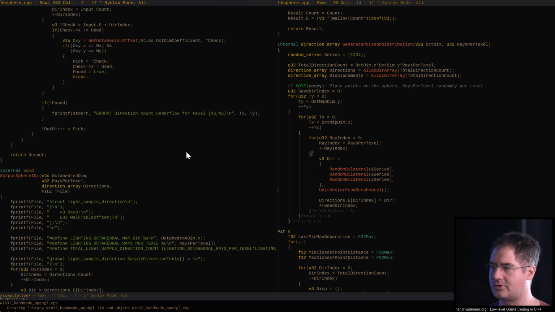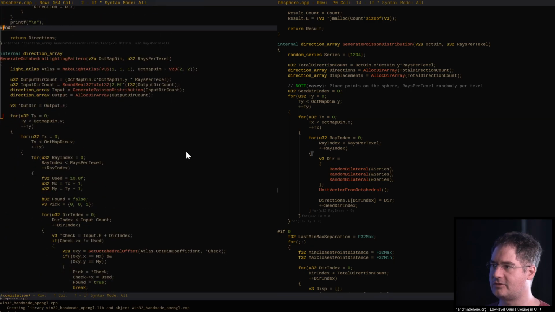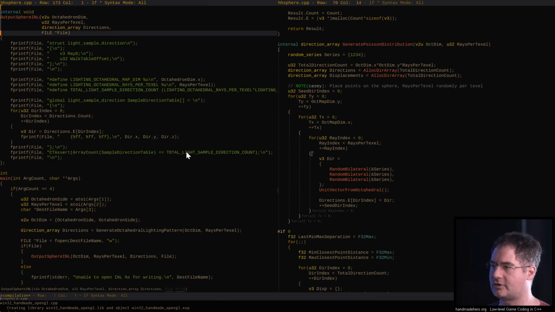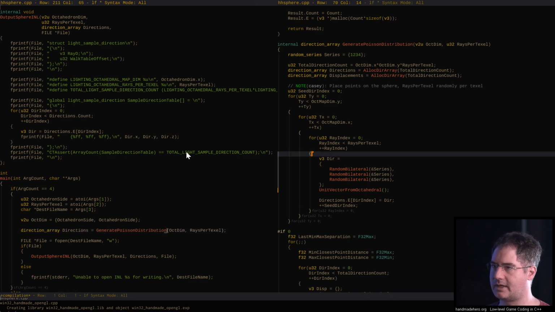There's no actual work that needs to be done. So this pick would go away, and you would just call generate Poisson distribution, and it would just give you back the actual answer, right?